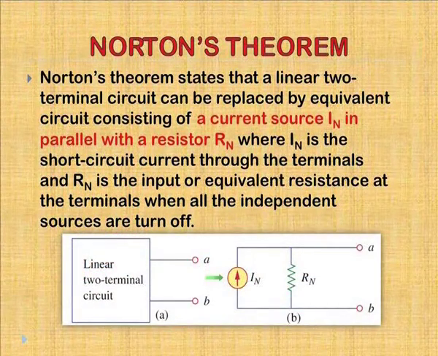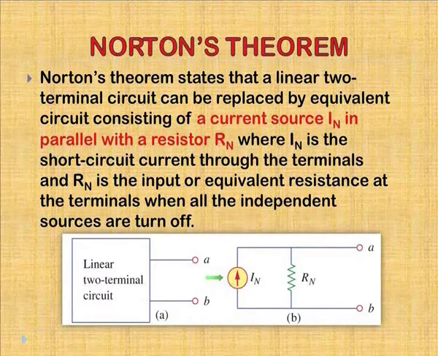Next is our very important theorem, Norton's theorem. In the last program, we learned that any complicated network has its equivalent voltage source circuit. Now, the equivalent current source circuit can be determined by using Norton's theorem.